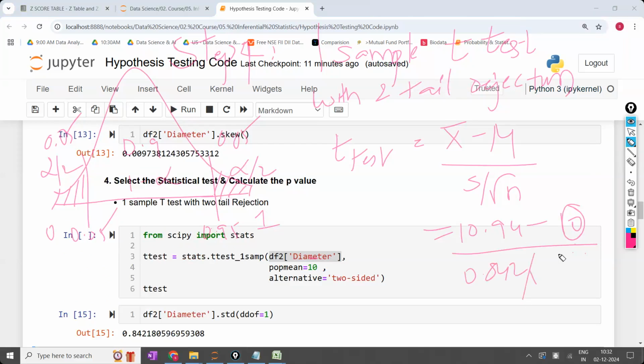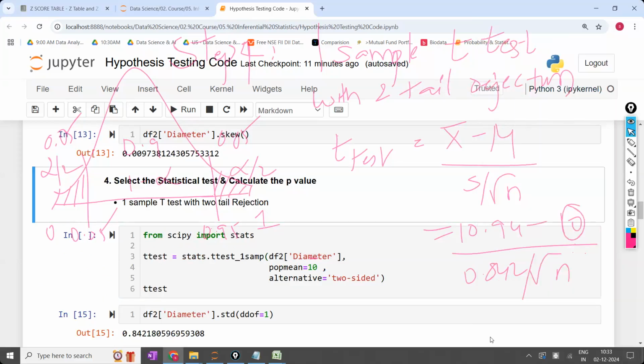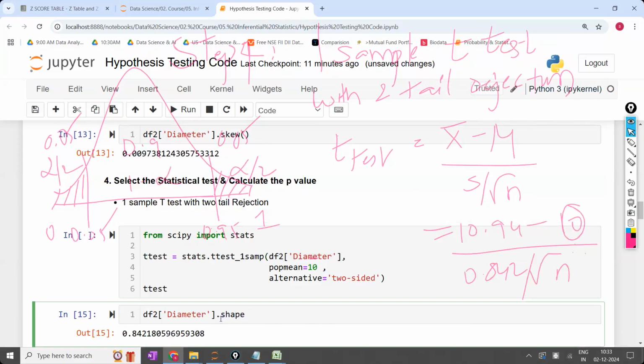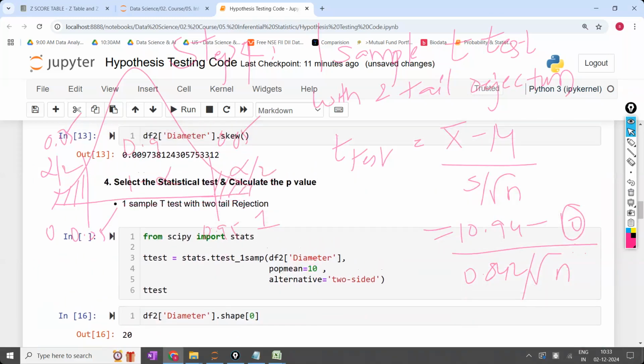And the number of samples: I'm going to take the shape, dot shape, and within that index number 0. The number of samples is 20. So these three values are calculated based on the data, and this value was given here.